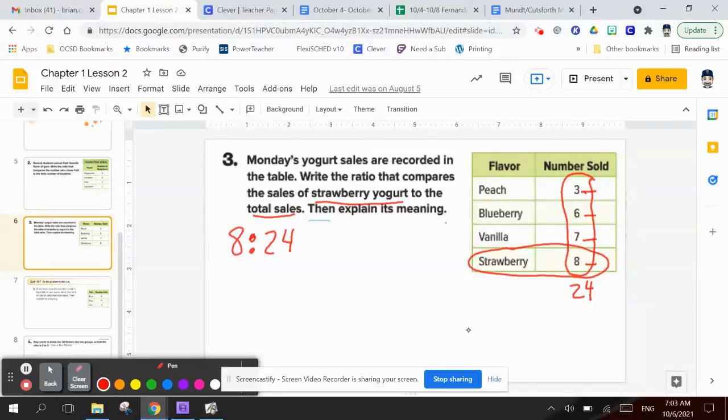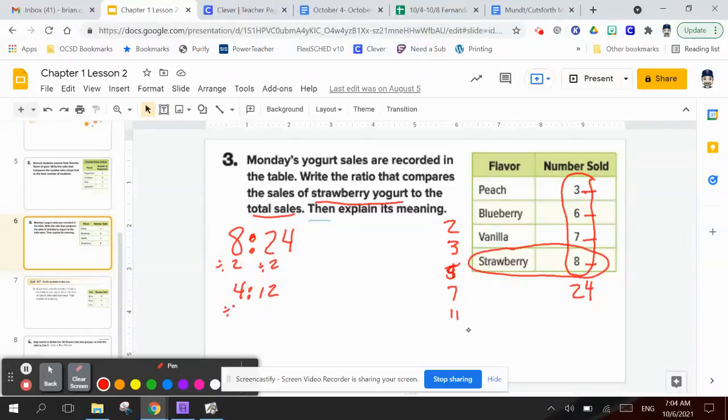So again, if I think about my numbers 2, 3, 5, 7, and 11, I know that 2 is a factor because both of them are even. So if I divide each by 2, 8 divided by 2 is 4. 24 divided by 2 is 12. Well, I know that 4 is a factor of 12 because 4 times 3 is 12.